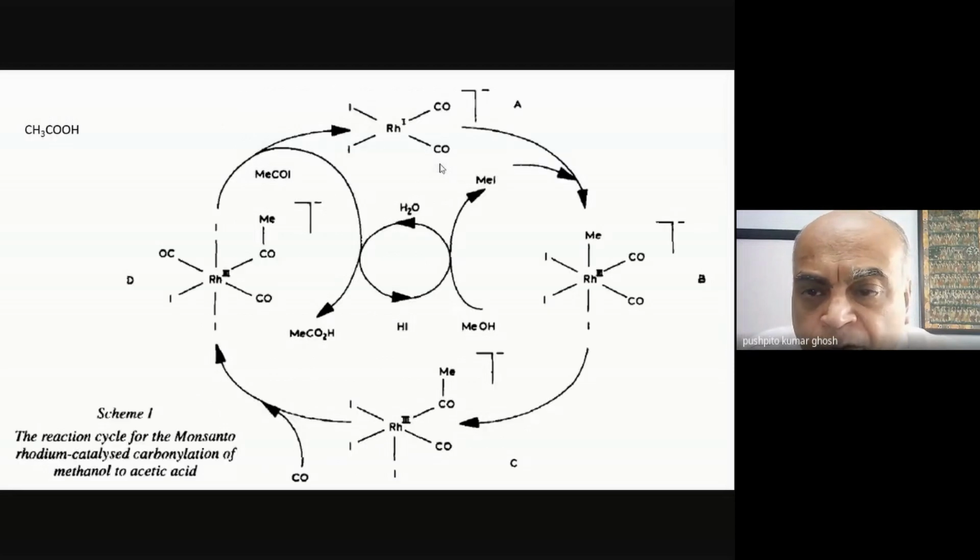So effectively what was happening was that when it transferred over here, if I do a hydrogenation of this carbonyl, I'll end up forming CH3CH2. So it is as if I've added CH3CH2I. And now when I again add carbonyl and do the carbonylation, I'll end up forming propionic acid rather than acetic acid.